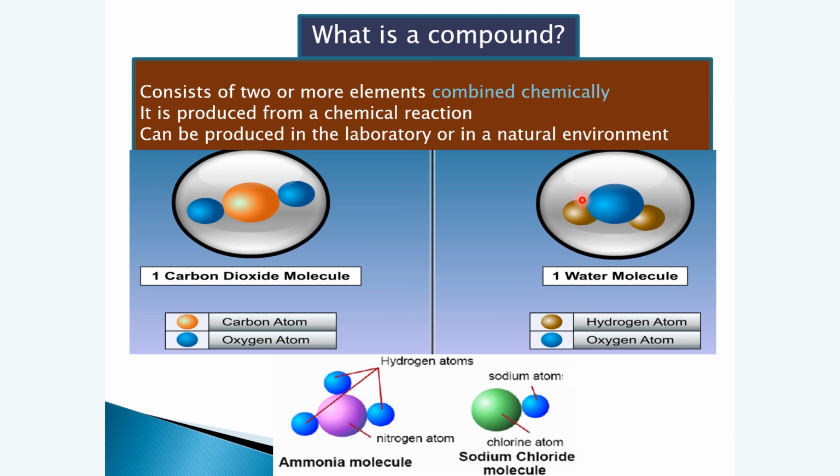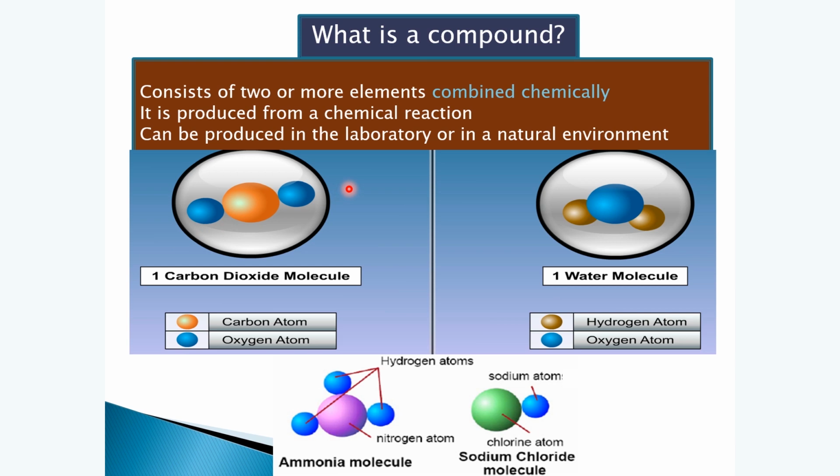Water is a natural compound. Water is formed from water molecules that are made up of two kinds of elements, namely hydrogen and oxygen, which are combined chemically together. Carbon dioxide is formed from carbon dioxide molecules that are made up of carbon element and oxygen element that combine chemically together.